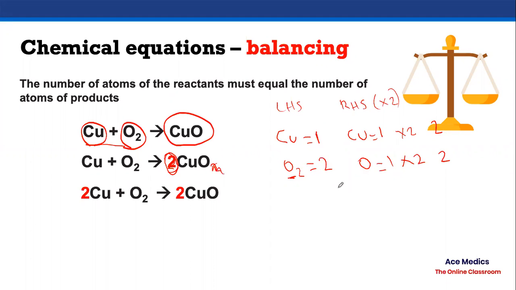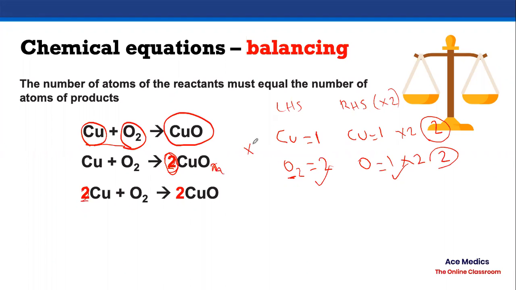Because we've now balanced oxygen: there are 2 oxygens on the left-hand side and 2 oxygens on the right-hand side. However, now there are 2 copper atoms on the right-hand side. So how do we balance this? We balance this by putting a big 2 at the front of the copper.